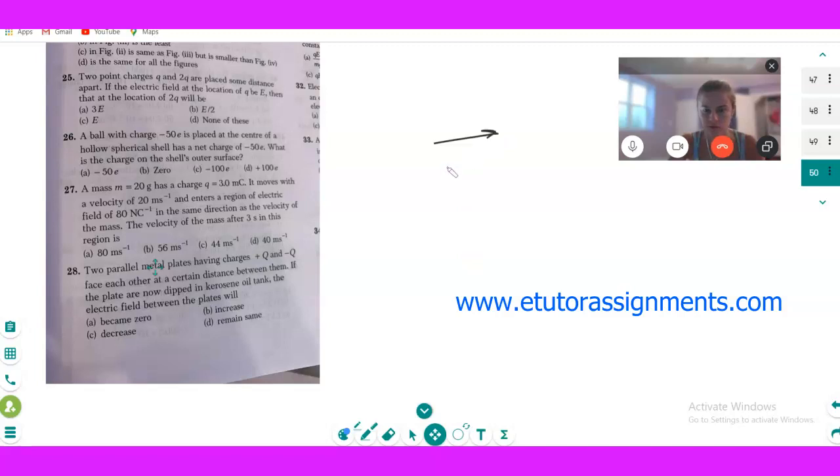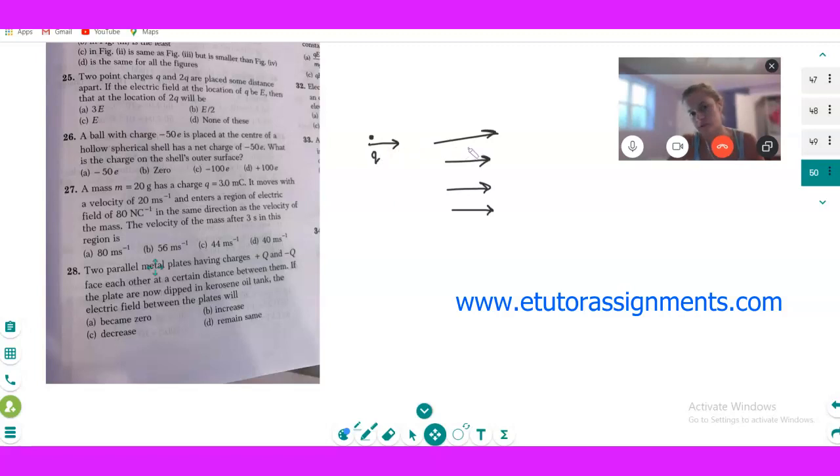So there's the electric field like this, and some particle is also entering, going in the same direction. Very good, you have understood the question.